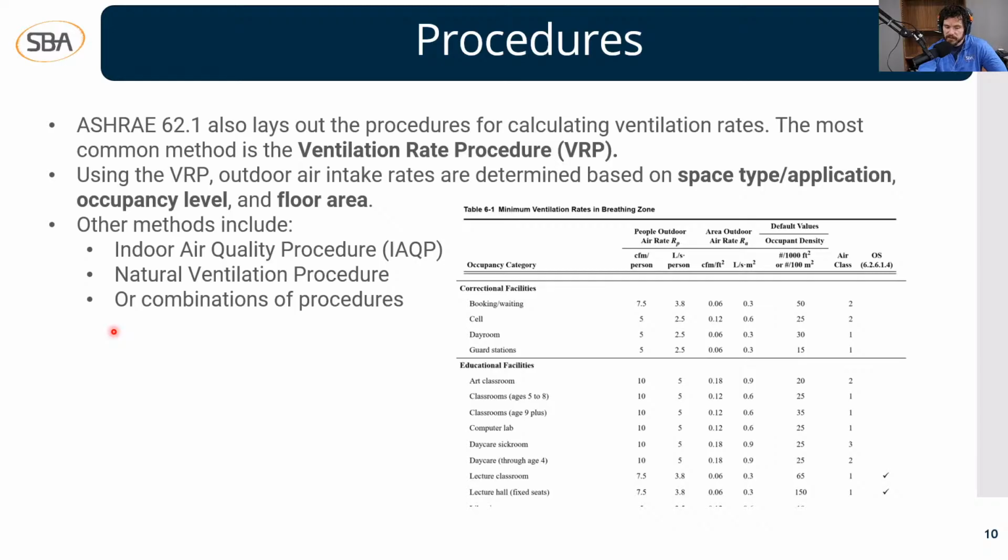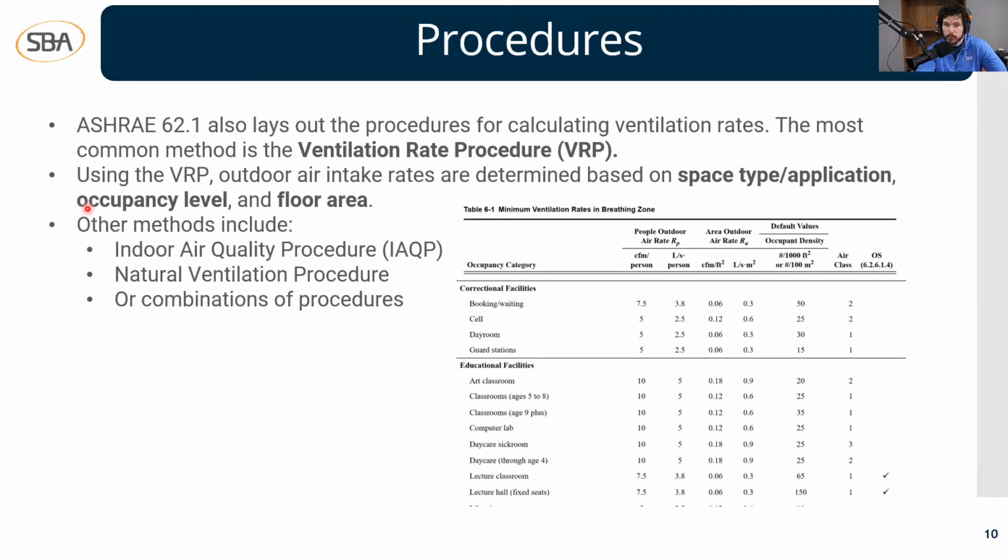In this case, you take a space type, like a classroom or a daycare, or maybe a cell in a correctional facility, and then we get the number of expected occupants, which is the number of people in the room, and also the floor area or the square footage.